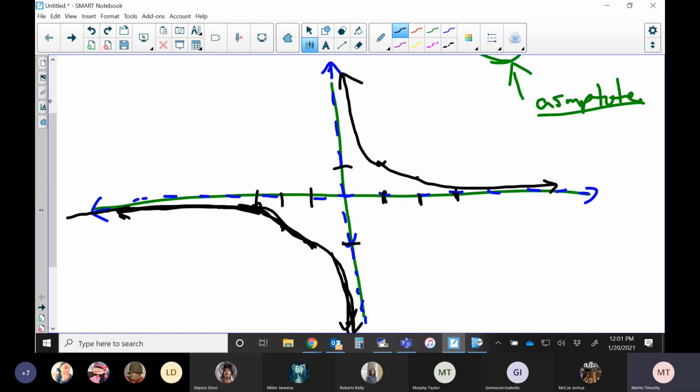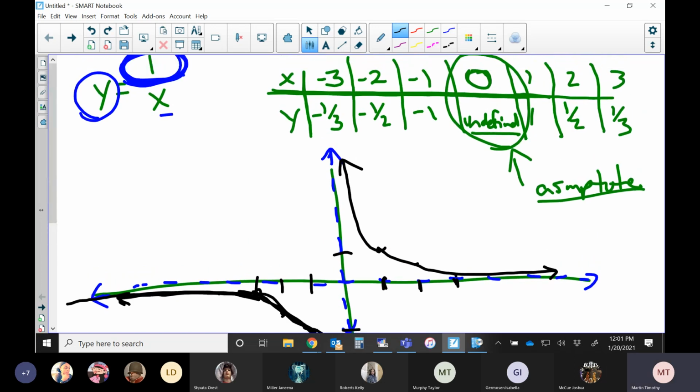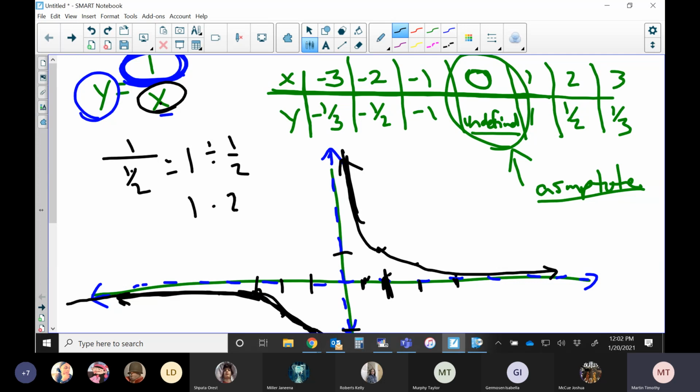And finally, I want to talk about how this part of the graph makes sense. If this is the number 1, does it make sense that this would be a half? Well, if I put in half for x, that would be 1 over 1/2, which is equivalent to 1 divided by a half. We've talked about this earlier. I can flip that, which means I end up with 1 times 2 over 1, or just 2.